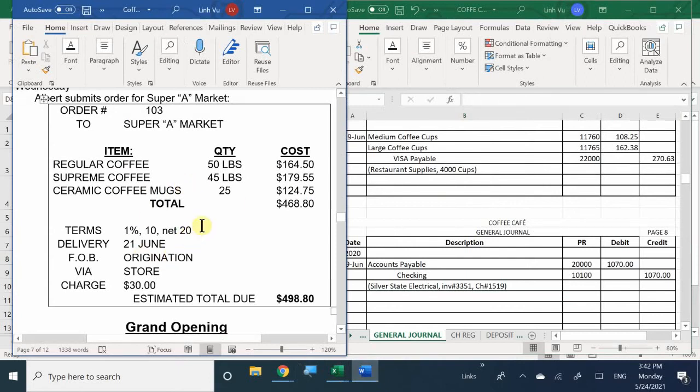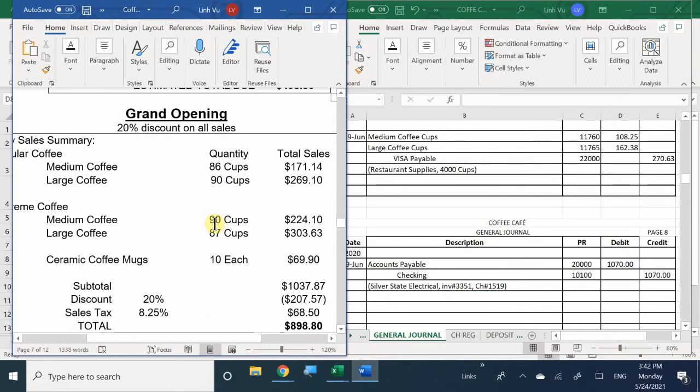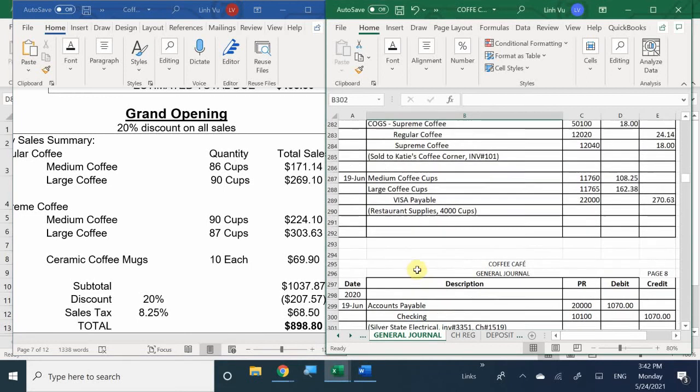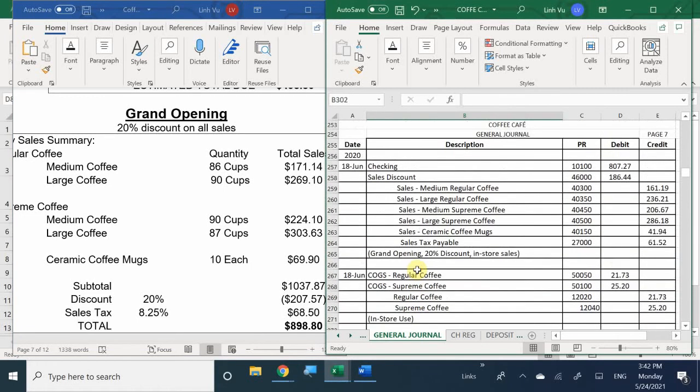Okay. And now we had the grand opening sale again. Yes, we did. So here we are, grand opening sales. It's time to copy and paste. Let me just find that exact transaction.